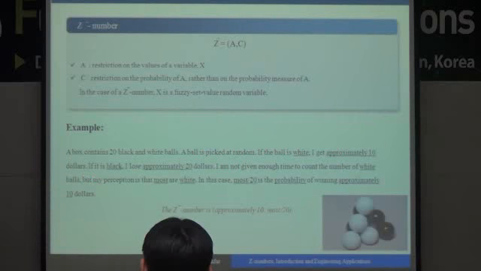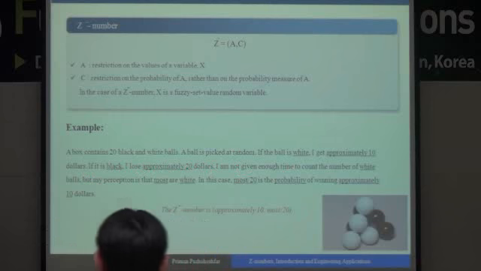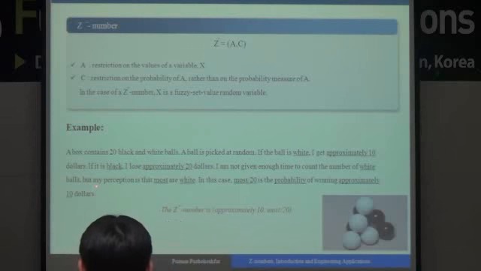If it is black, I lose approximately $20. I'm not given enough time to count the number of white balls, but my perception is that most are white. In this case, most 20 is the probability of winning approximately $10. We can show this as a Z minus number: approximately 10 and most 20.